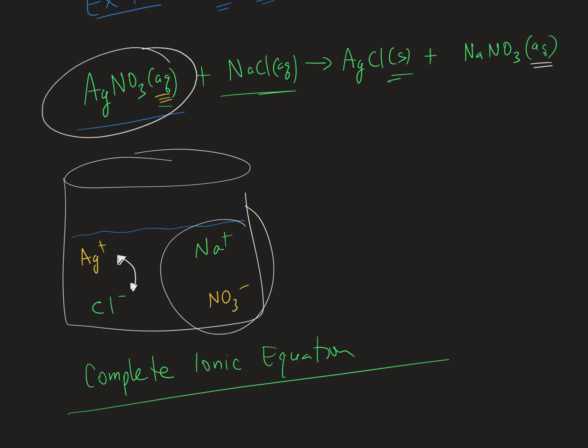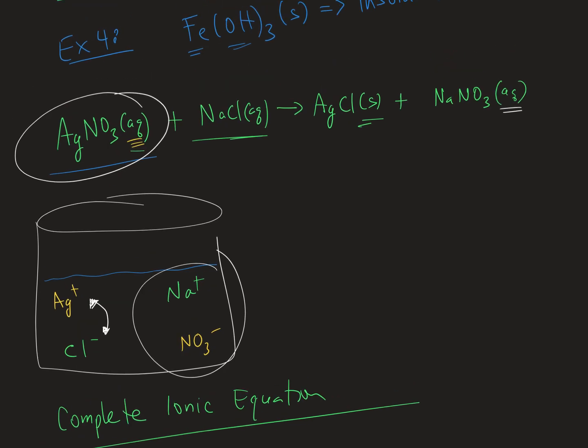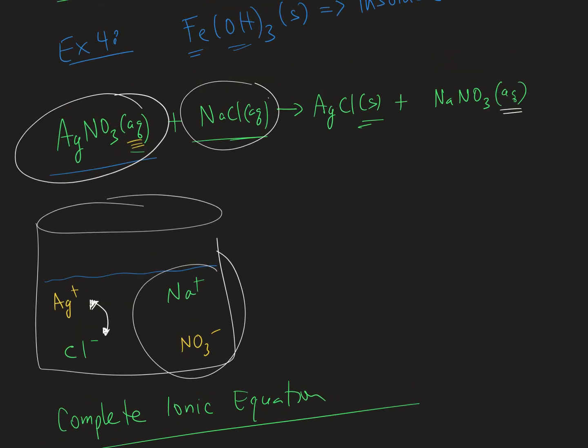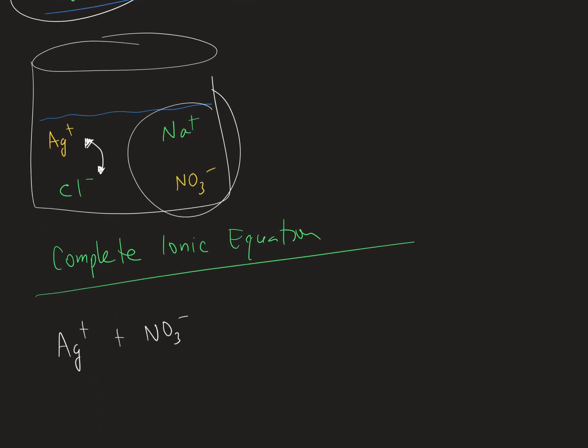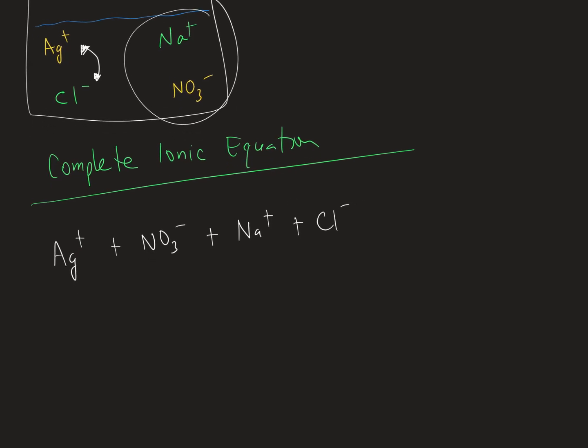Because it's aqueous. So we're going to get Ag plus and nitrate, NO3 minus. You with me? Sodium chloride also splits because it's aqueous. We're going to add to that Na plus and add to that Cl minus. You with me so far?